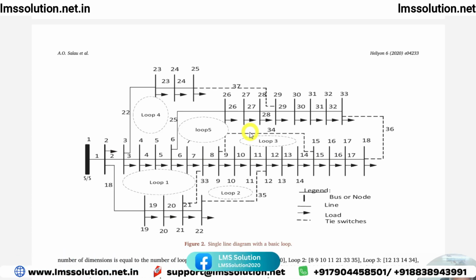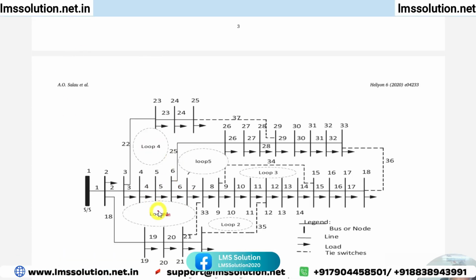Here you can see the network diagram. In this network diagram, you can see there are 5 loops: loop 1, loop 2, loop 3, loop 4 and loop 5. In these loops, tie switches are connected at 33, 34, 35, 36 and 37. Initially, these switches are open in this network.